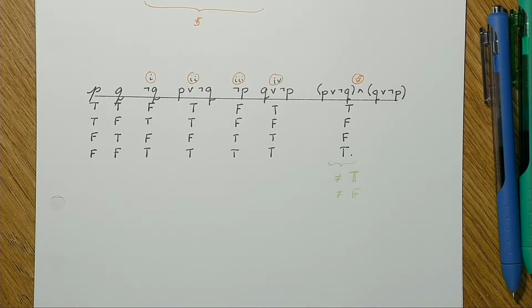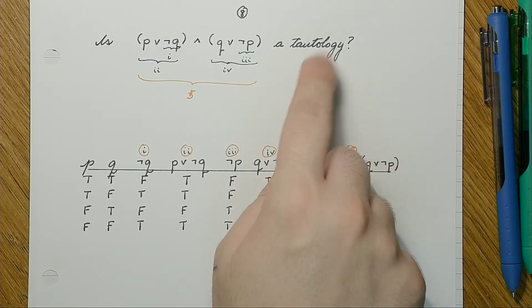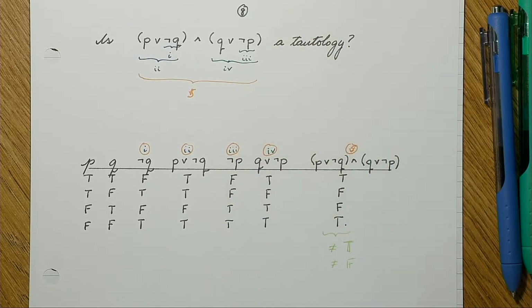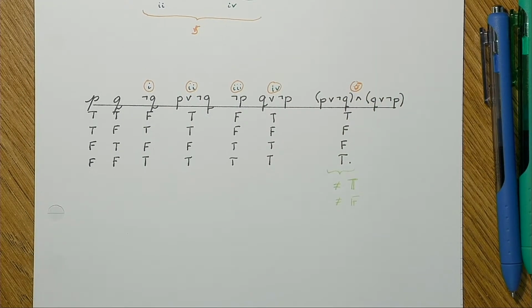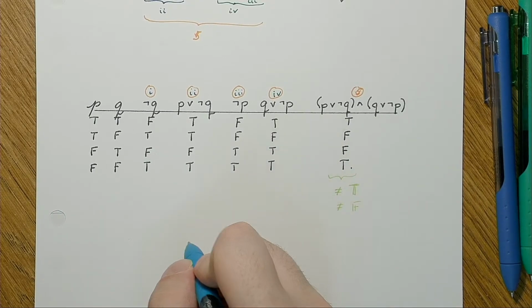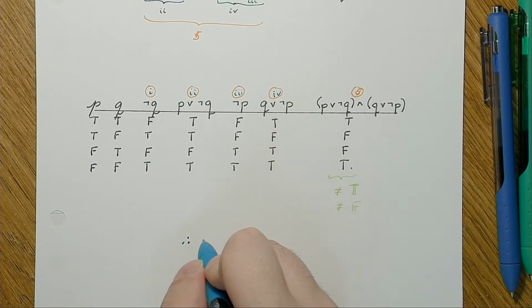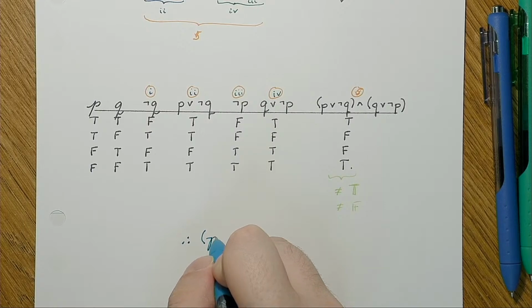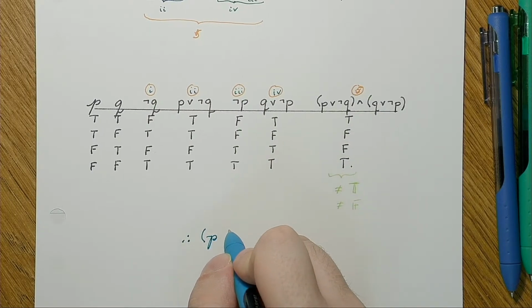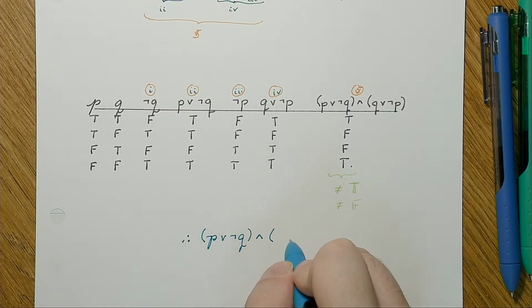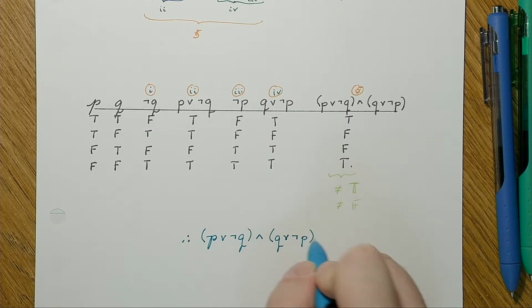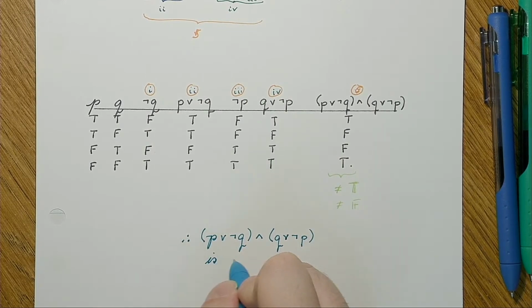So to answer the top question up here, we have to always be answering what the question was asking us in the first place. So therefore, P or not Q, and Q or not P is not a tautology.